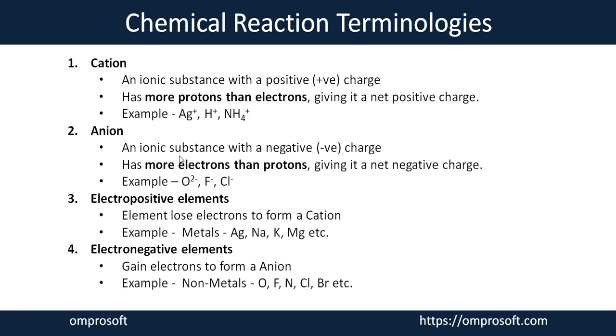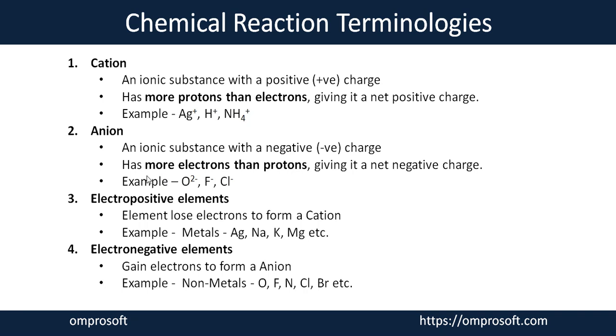Such a substance is considered an anion. So we can see here oxygen is mentioned as -2, so it is also an ion because of the negative charge. Fluorine has -1, and chlorine also has -1. It means that in the atomic structure of such ionic substances there are more electrons as compared to protons.